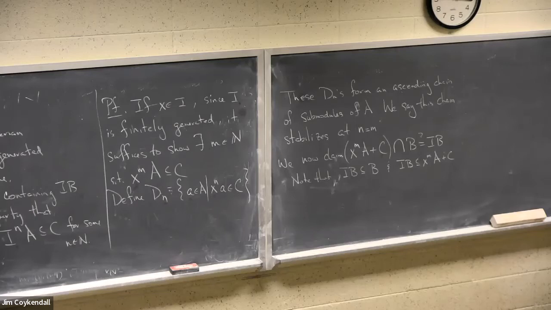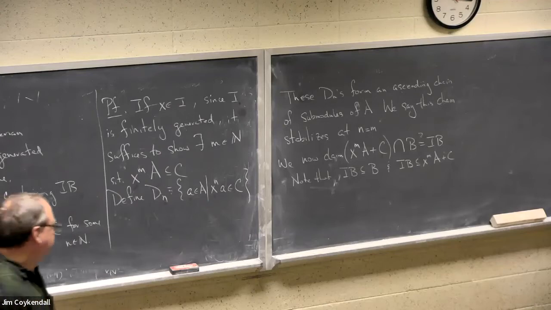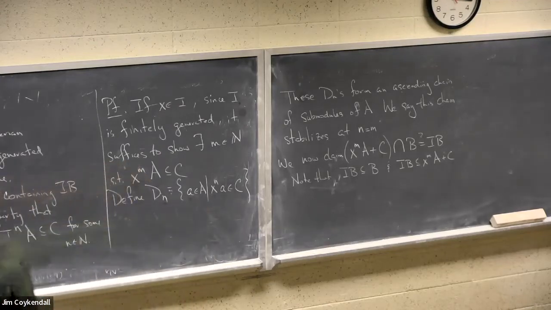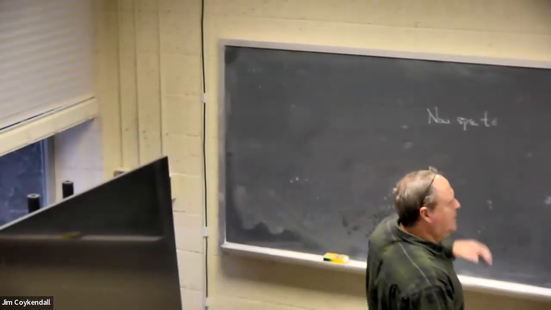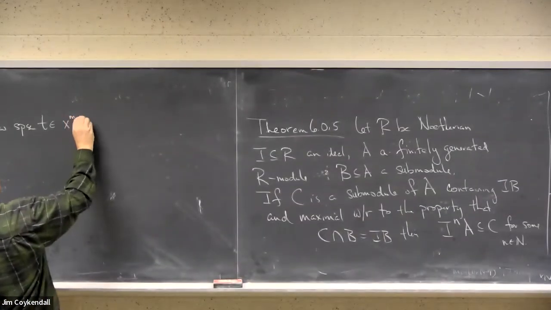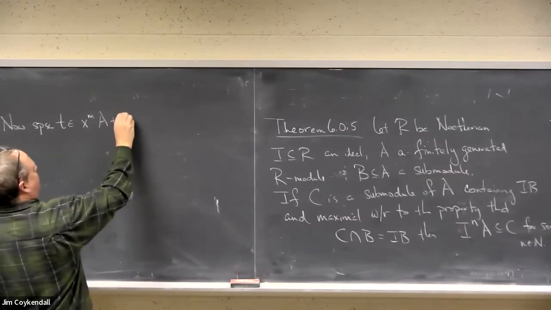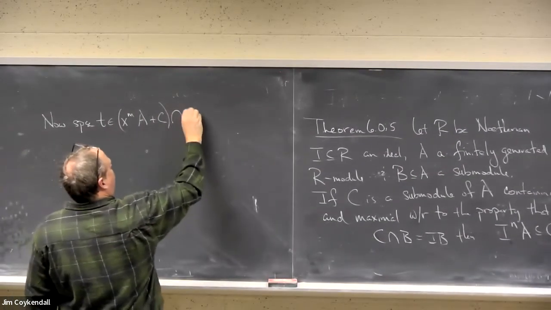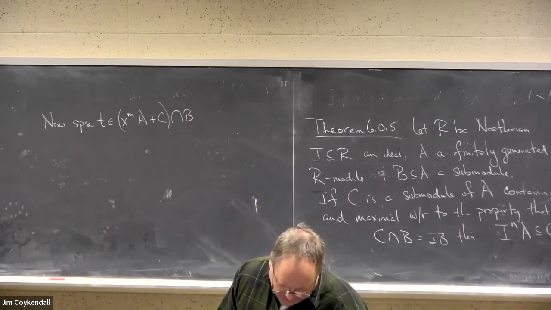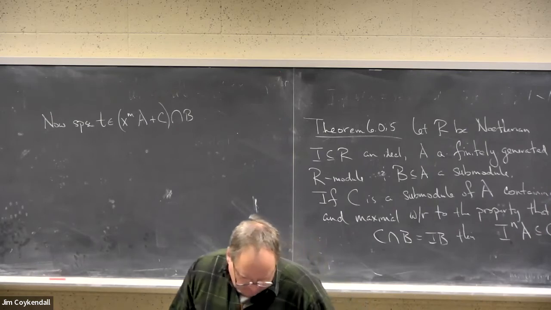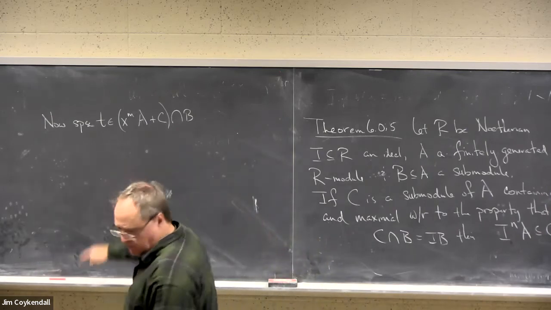Now, let's get the other containment. So suppose that you have an element on the left side. Say, suppose T is in X^M A. So in particular, T is in B, and T is in this animal as well.